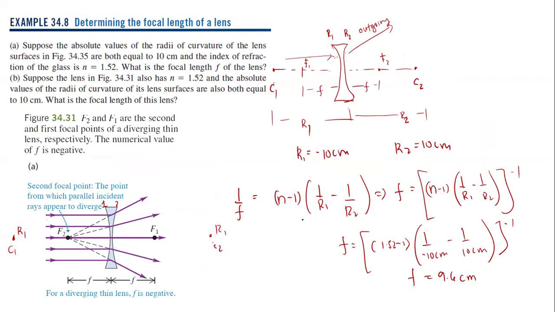So that's the orientation. So this is actually negative 9.6 centimeter. We can see that the F for the convex lens is negative, that's why it's called a negative lens. And the focus for the converging lens is positive, that's why it's called the positive lens.